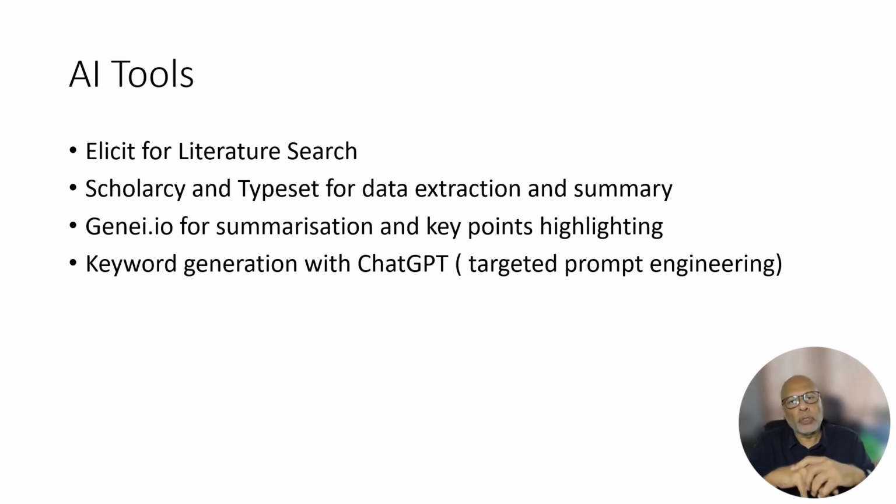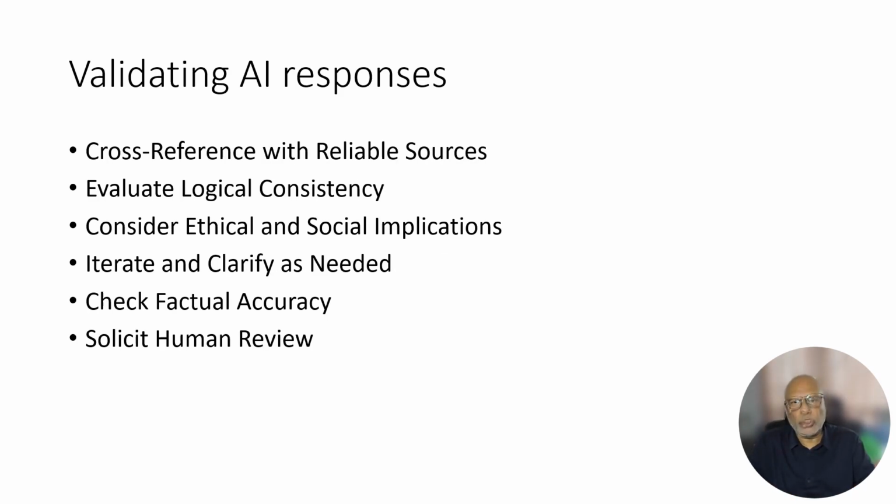ChatGPT can generate a very good set of keywords, meta tags that are usually required in publication. Now, this is a very important part of your publication because keywords are the words through which people are going to be able to search and find your articles. At the end of the day, you want your article to be cited because of the importance of the research.